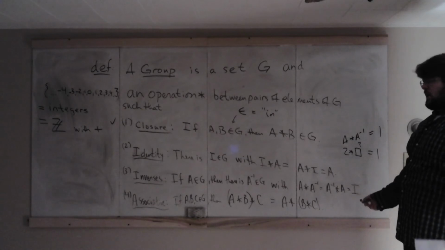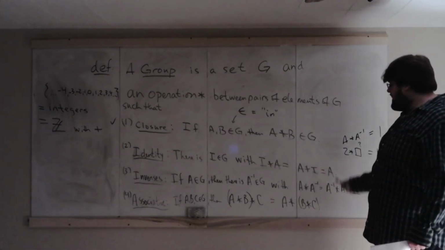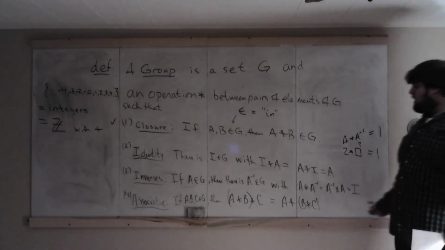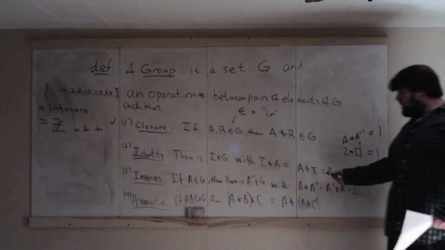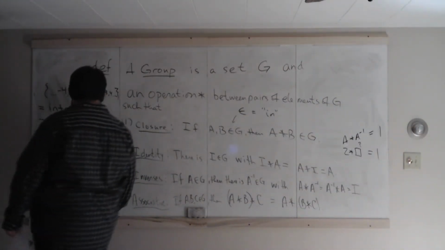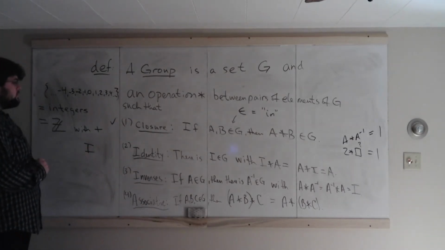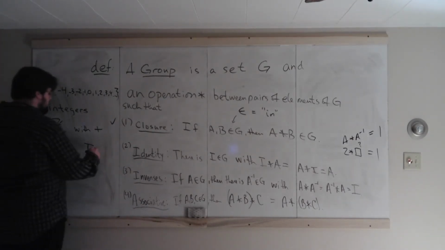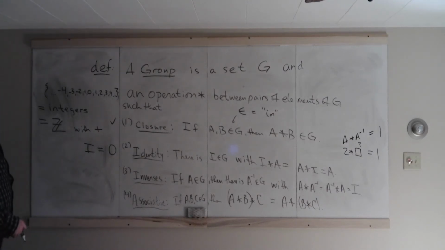What is the number that we operate on an integer and it doesn't do anything? Integer plus 0 doesn't change it. So here our identity equals 0.